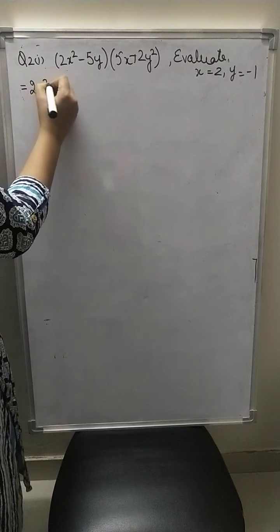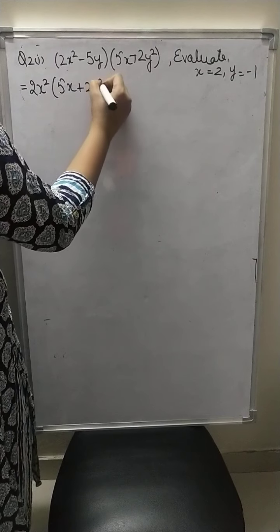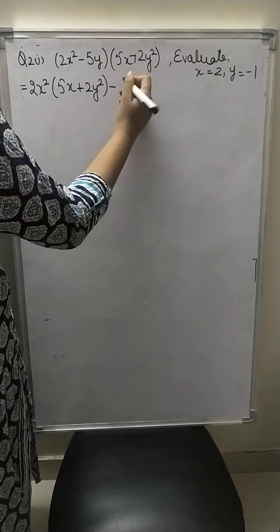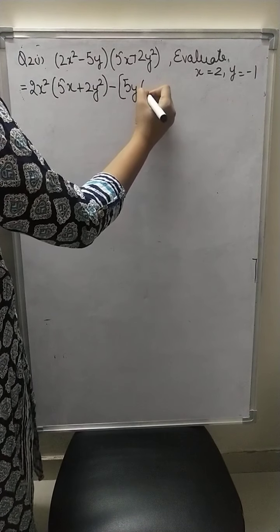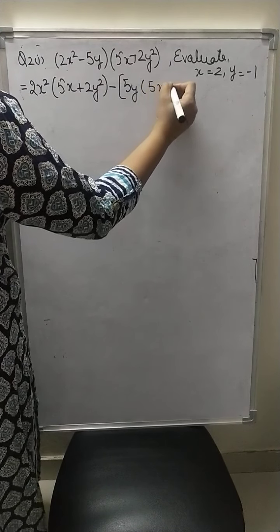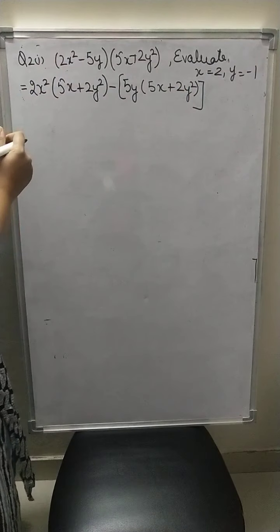That is 2x square will be multiplied by 5x plus 2y square. Then since a minus sign is there, I am writing 5y. Simultaneously I will be starting with the square bracket, 5x plus 2y square, the bracket is closed.